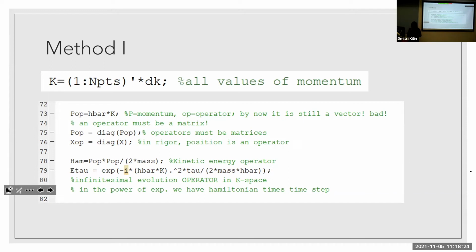By using K, we convert our momentum operator into a matrix. Then we have our Hamiltonian operator, which we know is momentum squared over 2m. After we type in the function, we get method 1.